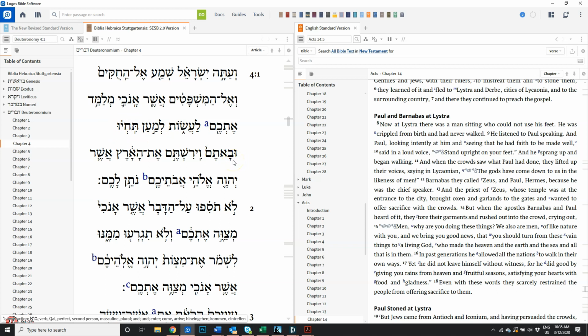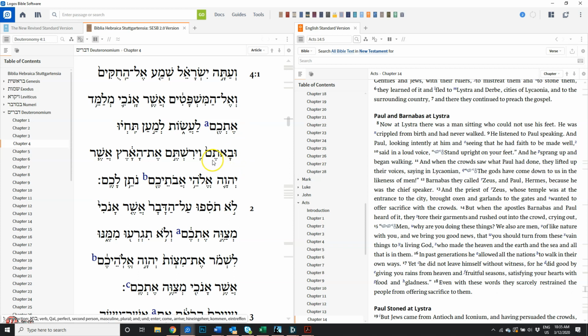And ba, okay, so ba here, this is a hollow verb, which we're learning this week. This is bo. So uvatem is going to be, and this is actually a vav relative use here.